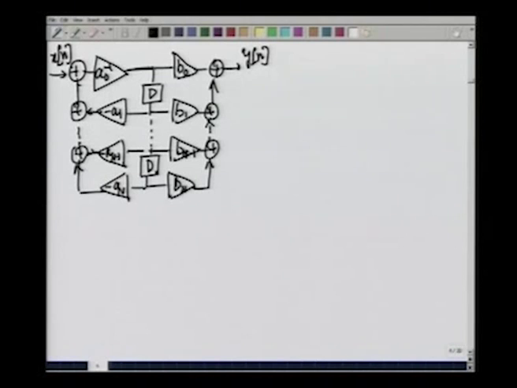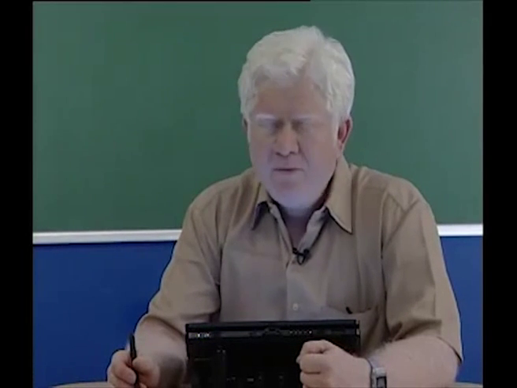This is what we had. This was the direct form implementation 2 of an nth order difference equation solver.